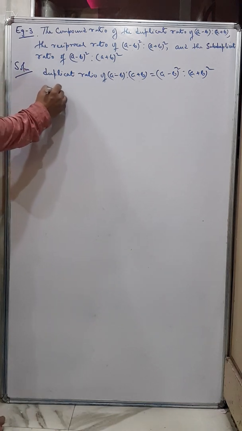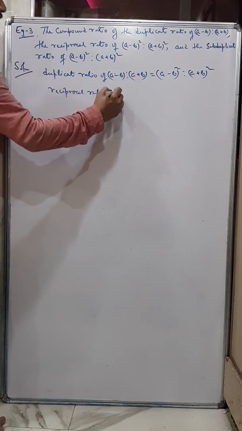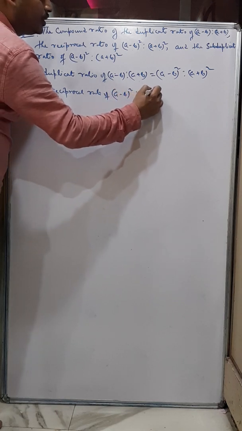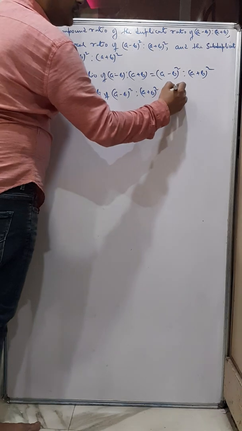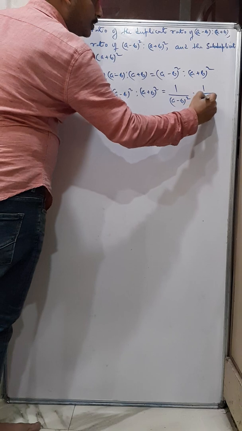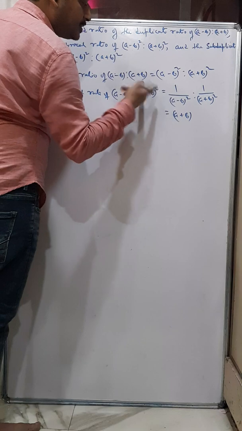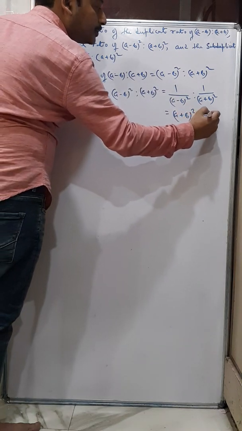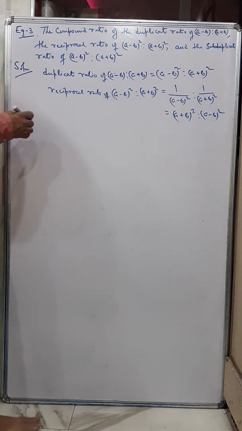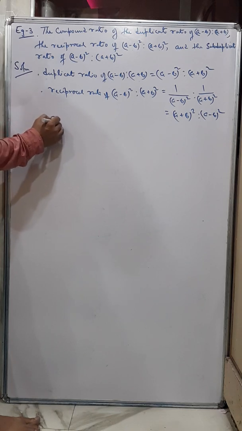Next is reciprocal. Now the reciprocal ratio of (a minus b) whole square is to (a plus b) whole square. That means it becomes one over this, and simply we can write it like this, reversing the ratio. So this is the reciprocal ratio, and then subduplicate.